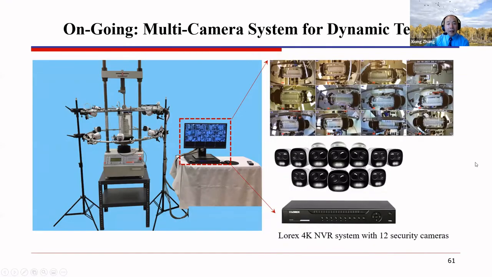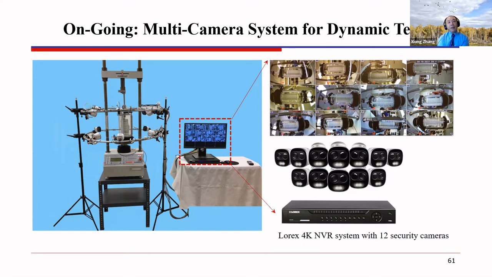Actually, another PhD student of mine, Xiong, has already developed an advanced version. For the previous one, you just need one camera, but you can only do a static test, when the deformation of the soil specimen is not very rapid.